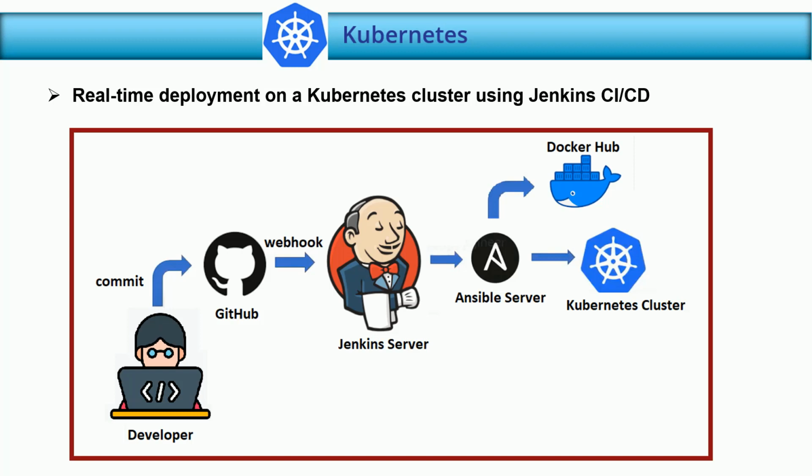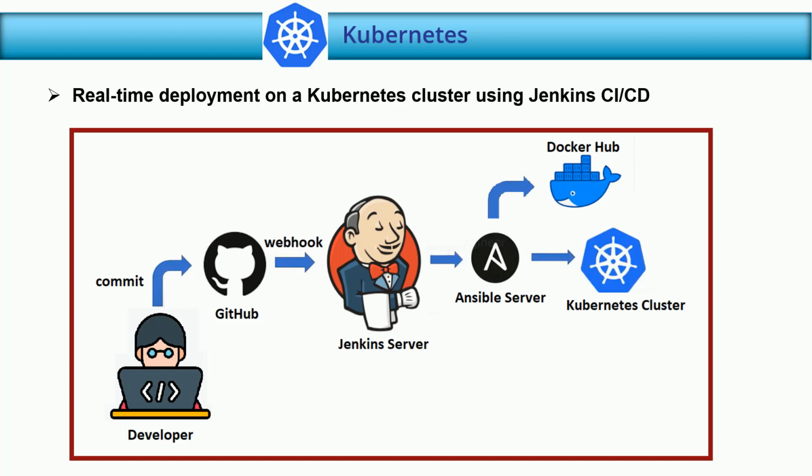Now here we have integrated the webhook. So what will happen? Immediately when the files come to the GitHub repository, your Jenkins job will be initiated. And the first step, it is going to transfer all the files from GitHub to the Jenkins server. So this is the first step.